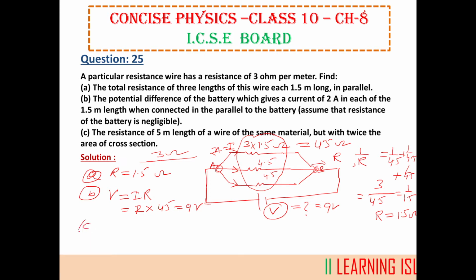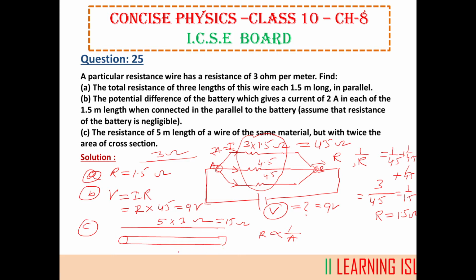Now come to question number C. The resistance of a 5 meter length wire of the same material. If the length is 5 meter, then the resistance would be 5 into 3 ohm, that is 15 ohm. But it has also been said that the cross sectional area is doubled. As we know, resistance varies inversely with the cross sectional area.